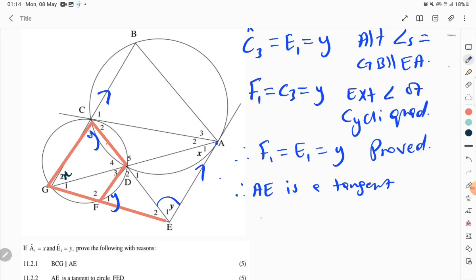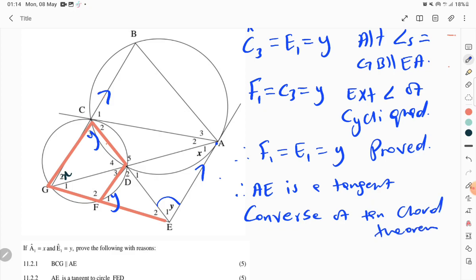Reason: it's because of the converse. We didn't have a tangent, we are using the converse of the tan chord theorem, right?